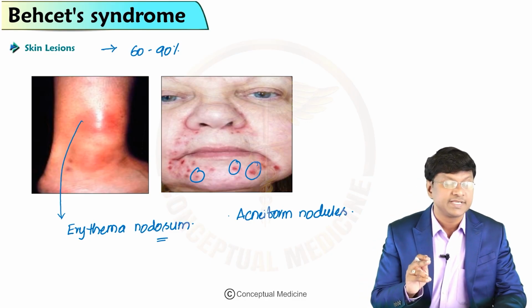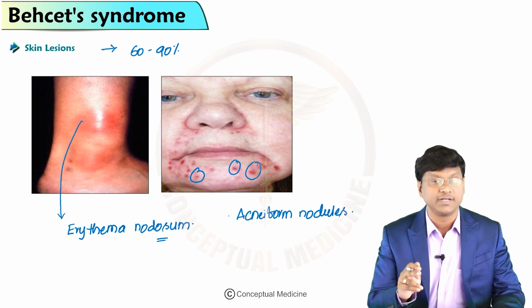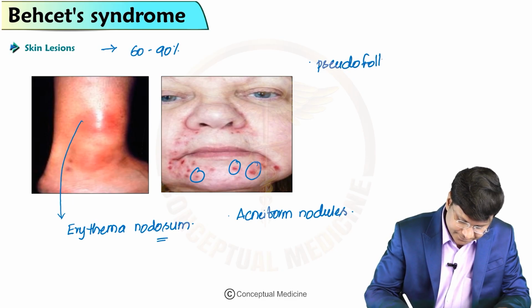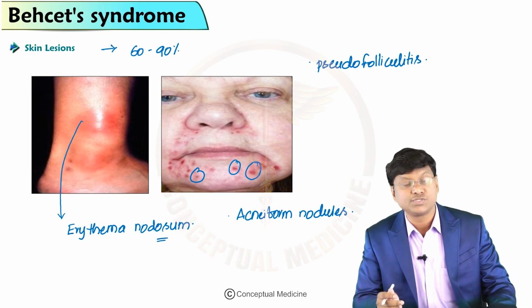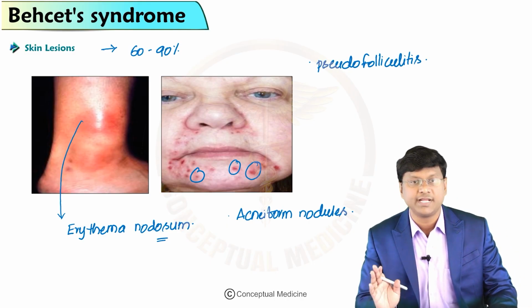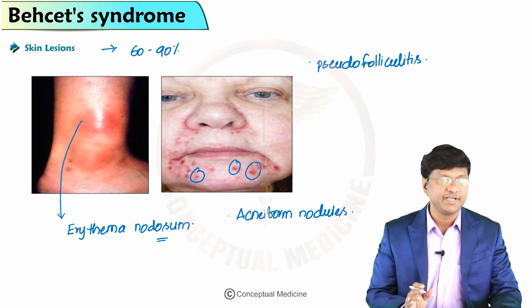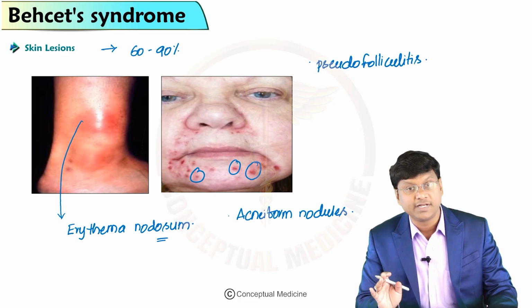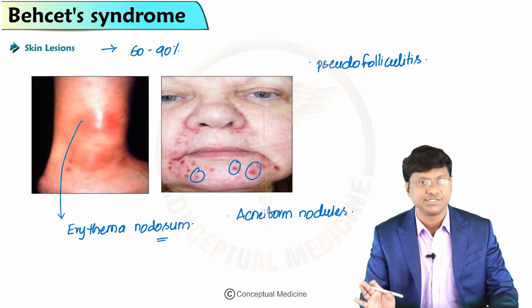And another important skin manifestation is pseudofolliculitis or papulopustular lesions. So these are the skin manifestations: erythema nodosum, acneiform nodules, pseudofolliculitis or papulopustular lesions.